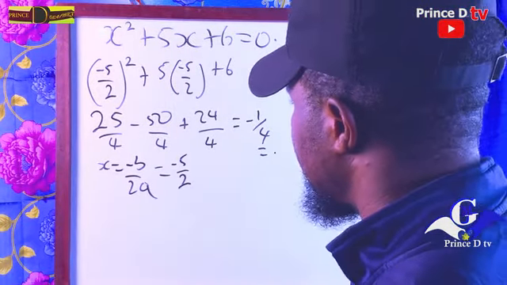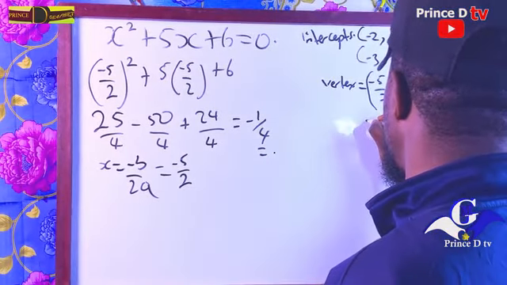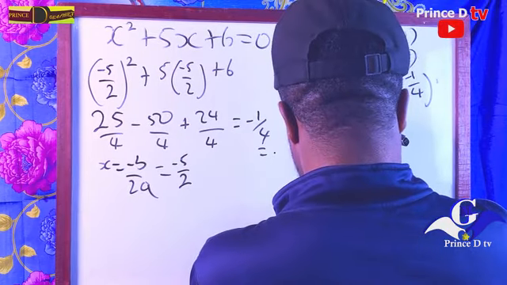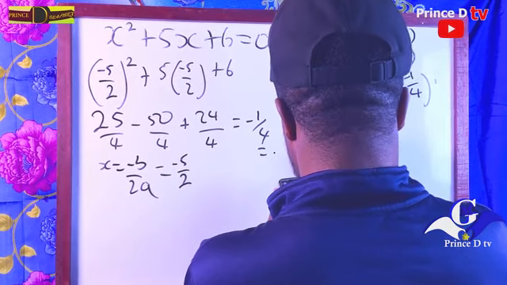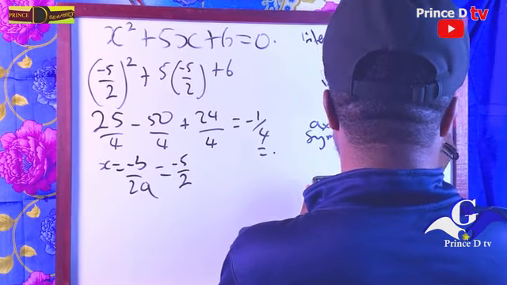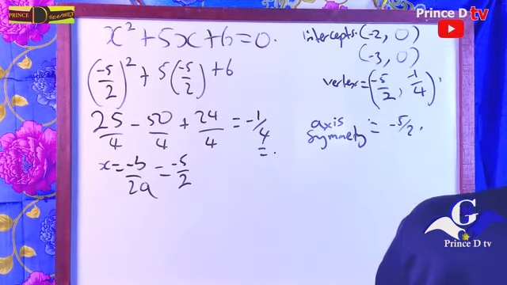So the axis of symmetry is simply x equals negative 5 over 2, the vertical line passing through the vertex.